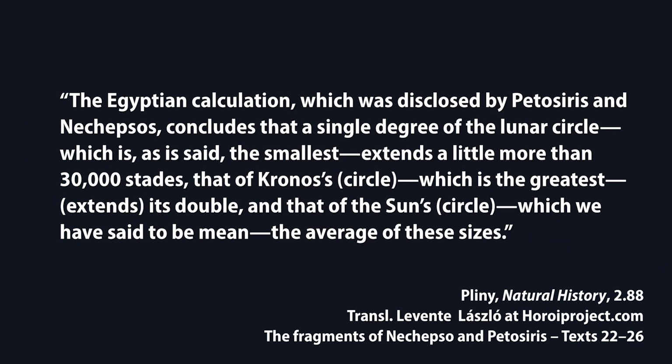So here's the quote from Pliny: "The Egyptian calculation, which was disclosed by Petosiris and Nechepsos, includes that a single degree of the lunar circle, which is, as is said, the smallest, extends a little bit more than 30,000 stades, and that of Kronos' circle, which is the greatest, extends its double, and that of the sun's circle, which we have said to be the mean, the average of these sizes."